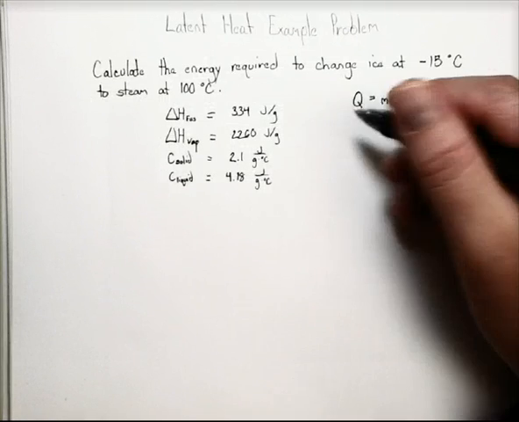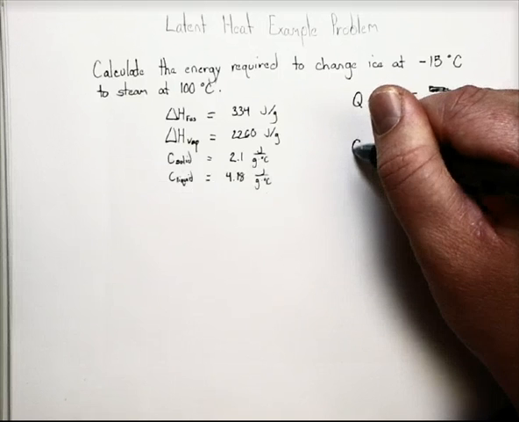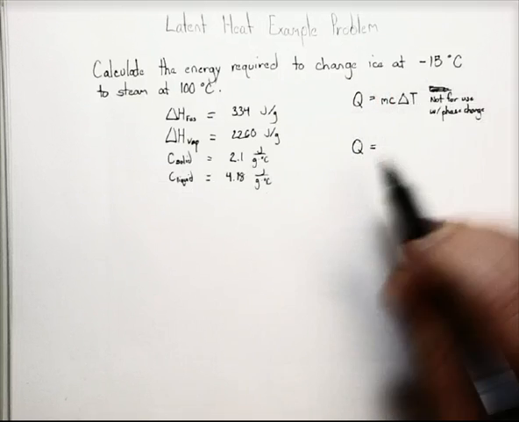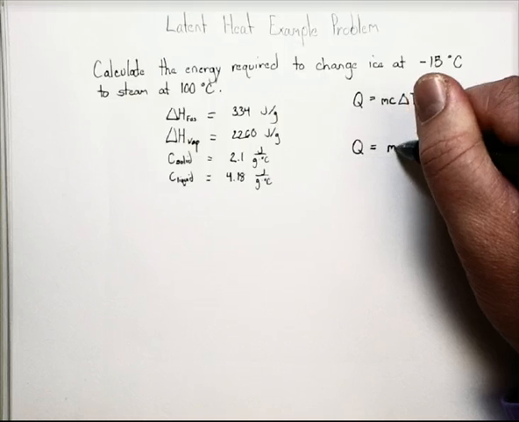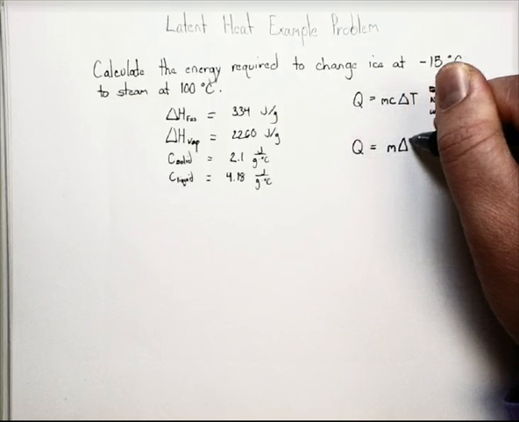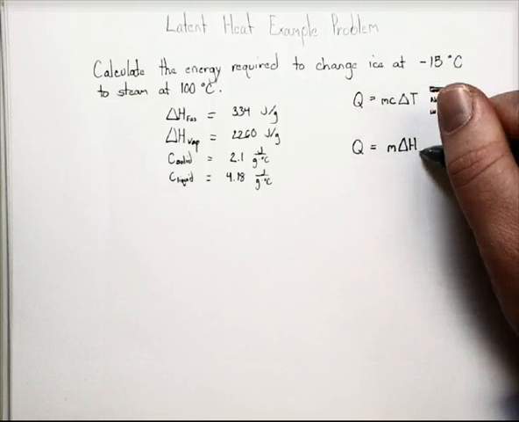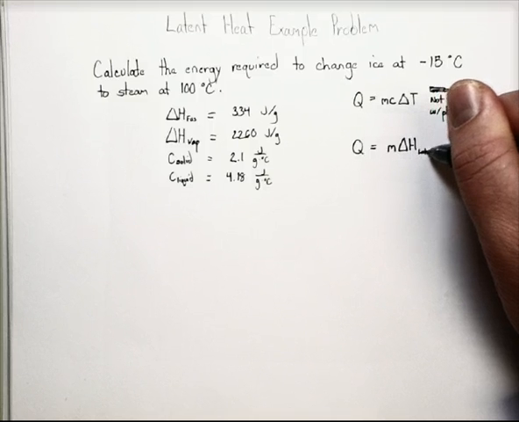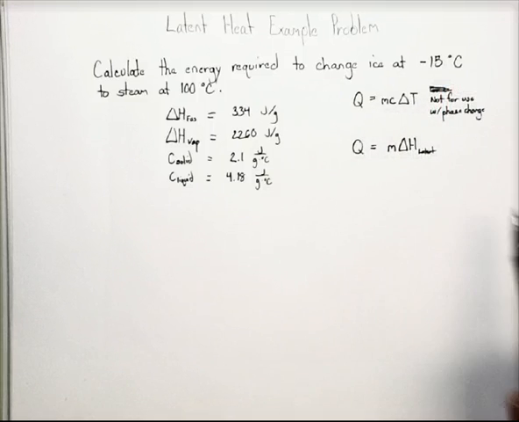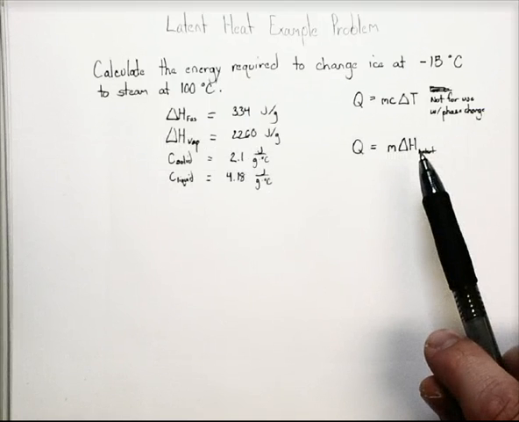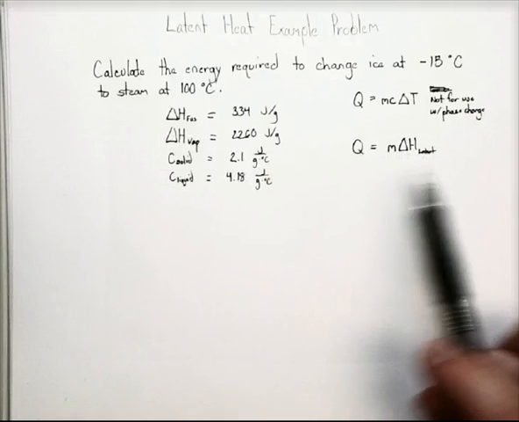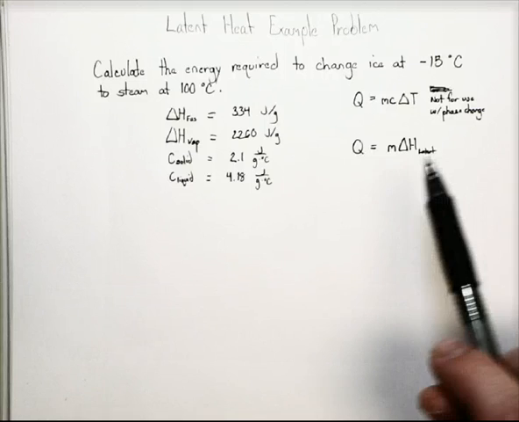If we have different phases, then we're going to have to use this equation: the amount of energy is equal to the mass times the latent heat. And this is different for different changes in state, or phase rather.